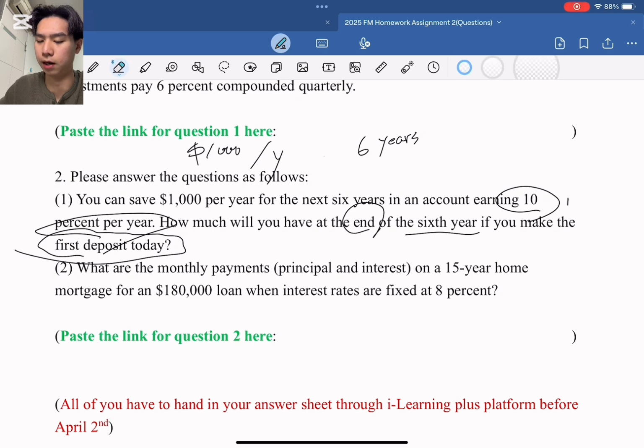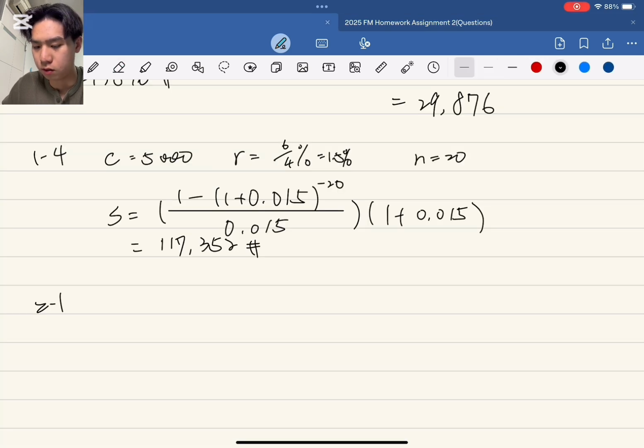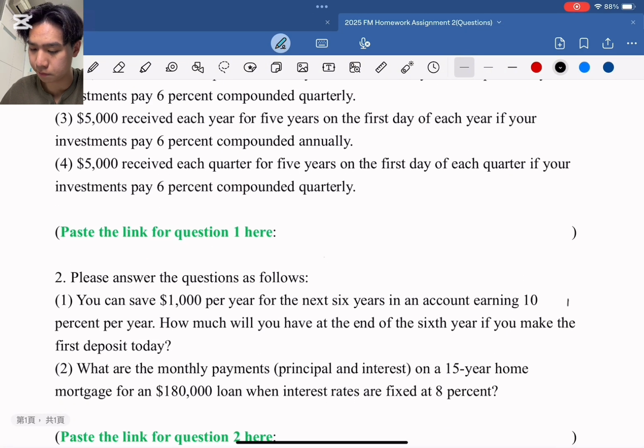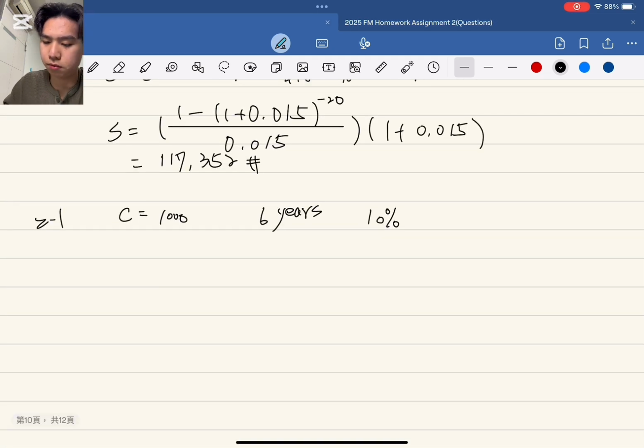So we can make a number line. First, cash flow C equals 1,000 per year for 6 years. Interest rate is 10%. We put the money in at the beginning.